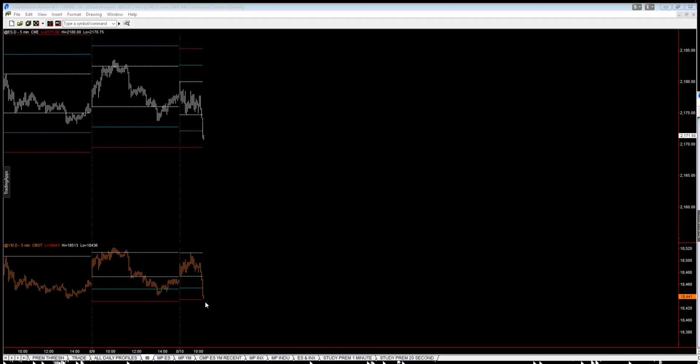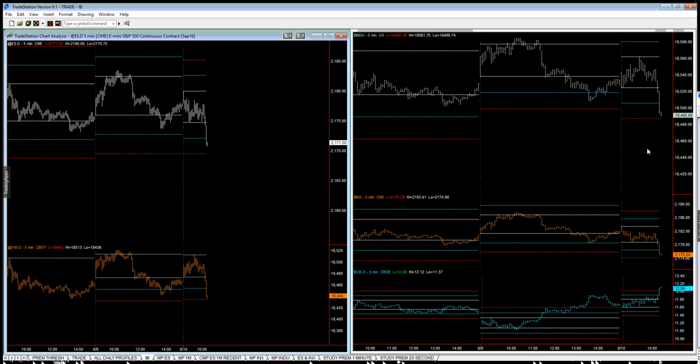We're almost at the second standard deviation level on the YM. We're there for all practical purposes, and we're almost there on the INDU, on the INX, and we're way above it on the VIX. This thing should turn.